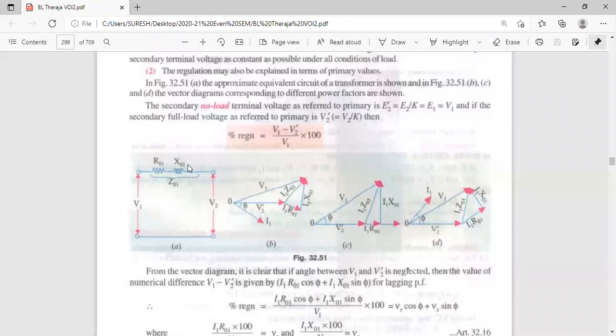Sorry. We are converting the secondary side circuit constants R2 and X2 into the primary side, and V2 is the voltage on the secondary side. Okay, this V2 can be written here. What is the formula for R01?